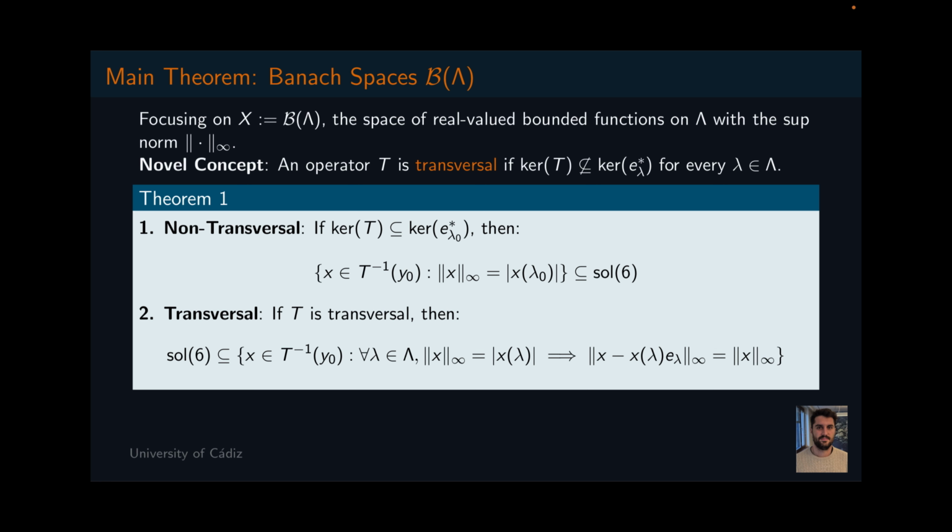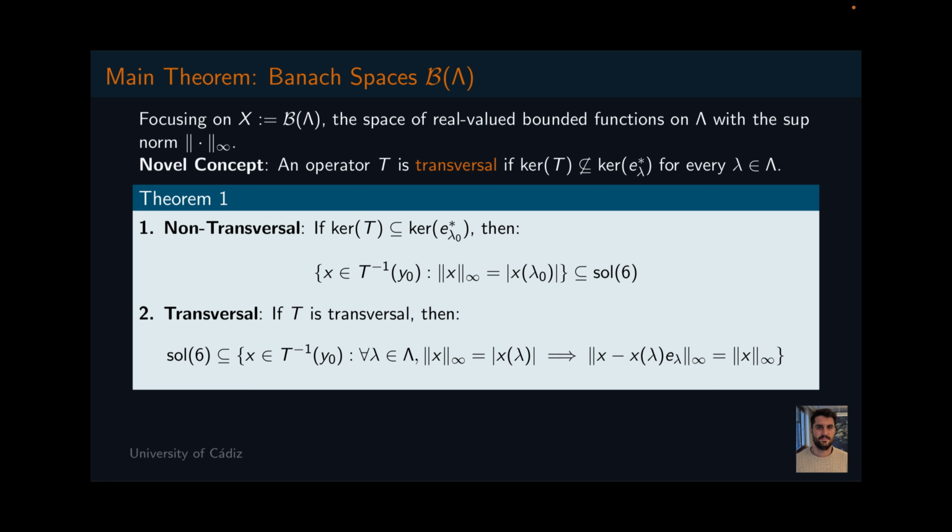An operator T is deemed transversal if its kernel is not entirely contained within the kernel of any single coordinate functional. In plain terms, this means that no single individual coordinate axis can strictly dictate the behavior of the operator's null space. Theorem 1 characterizes the solutions in this space perfectly, breaking them down into two distinct geometric realities.